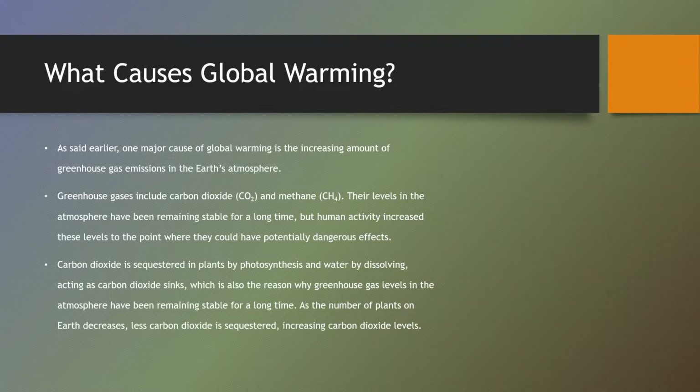Carbon dioxide is sequestered in plants by photosynthesis and water by dissolving, acting as carbon dioxide sinks, which is also the reason why greenhouse gas levels in the atmosphere have been remaining stable for a long time. As the number of plants on the Earth decreases, less carbon dioxide is sequestered, increasing carbon dioxide levels.